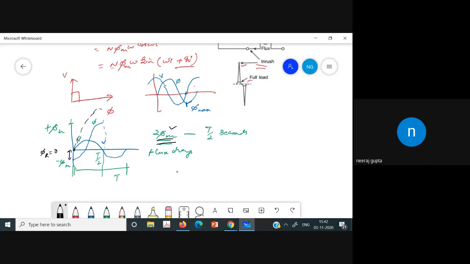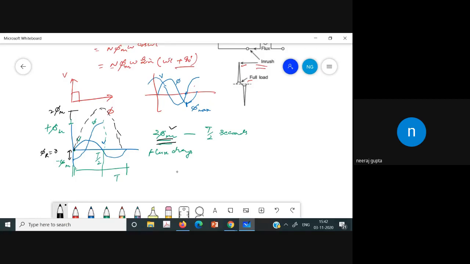The flux waveform would be somewhat like that, and here the distance between this point and this point will be 2 phi m.